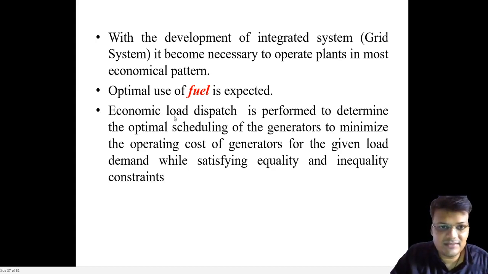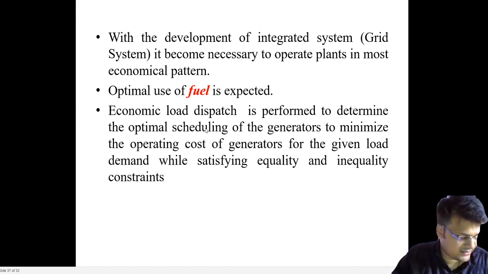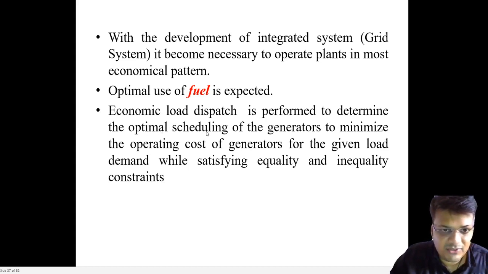So economic load dispatch is performed to determine the optimal scheduling of the generators to minimize the operating cost.